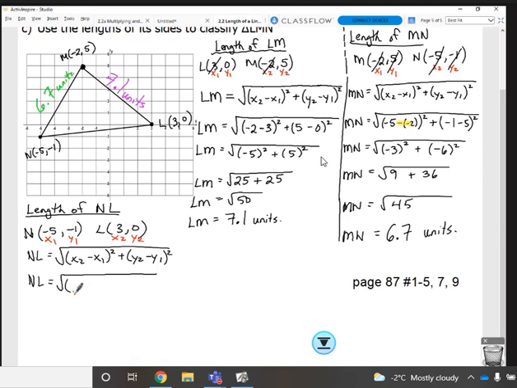So x2 is 3 minus negative 5. Be very careful again here with that double negative going on. Plus y2 is 0 minus negative 1 squared.